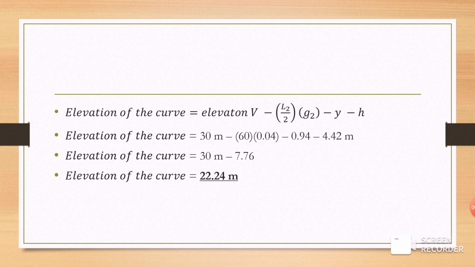Elevation of the curve is equal to 30 meters minus 60 meters times 0.04 minus the value of y 0.94 minus the height, which is 4.42 meters. So the elevation of the curve is equal to 22.24 meters.